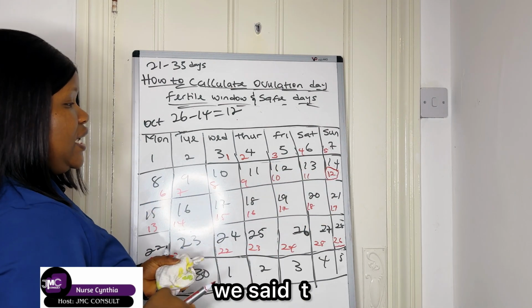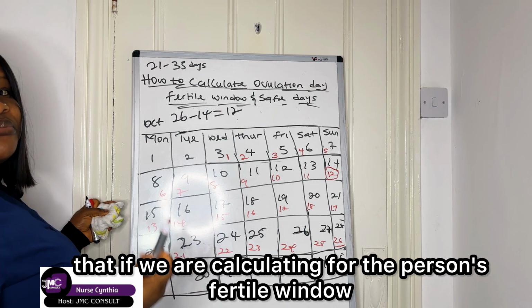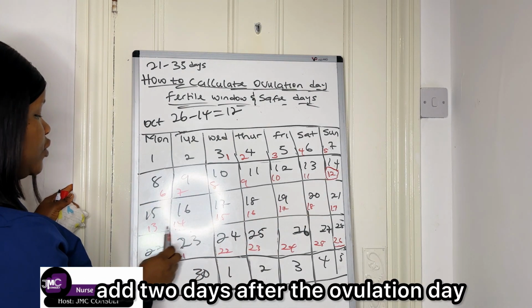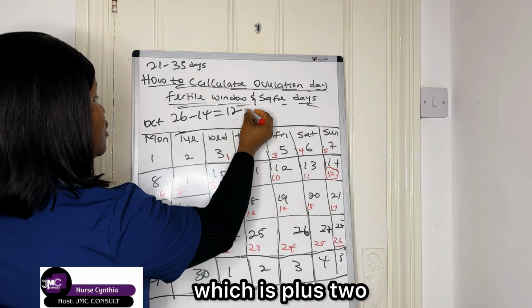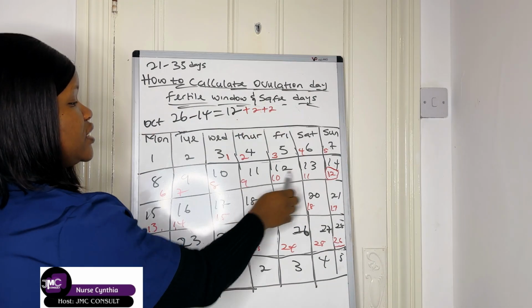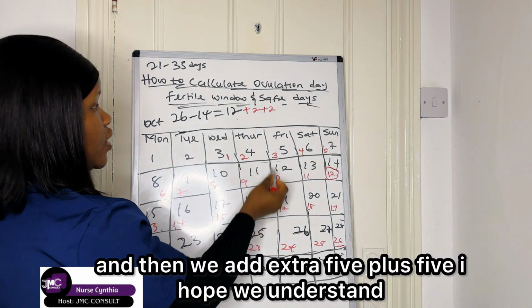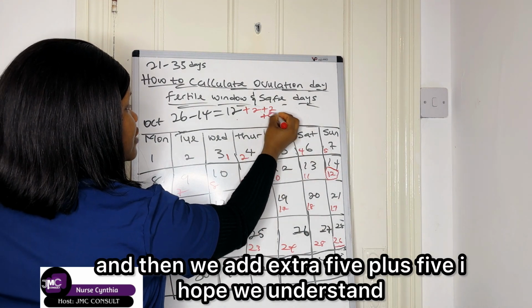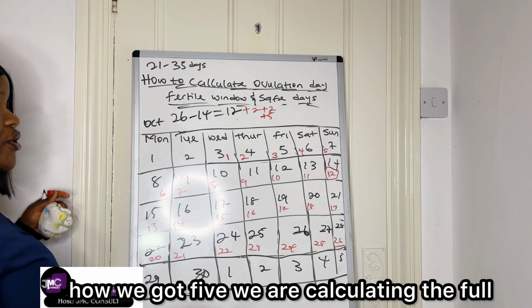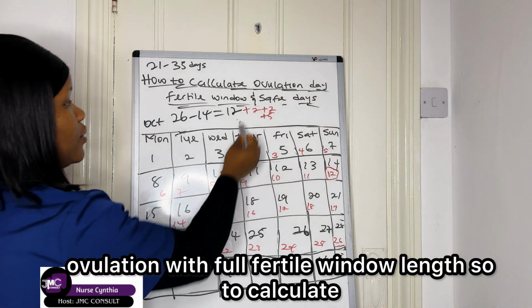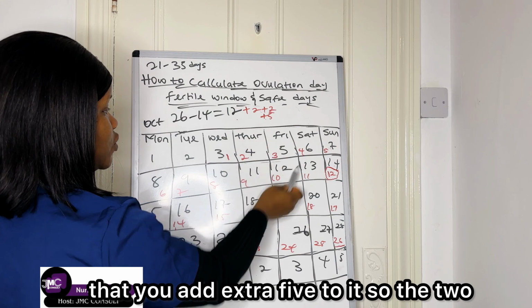Now, we said that if we are calculating for the person's fertile window, we'll add 2 days after the ovulation day, which is plus 2, and 2 days before the ovulation day, which is minus 2, and then we add an extra 5. I hope we understand how we got 5. We are calculating the full fertile window length. So to calculate that, you add an extra 5 to it.